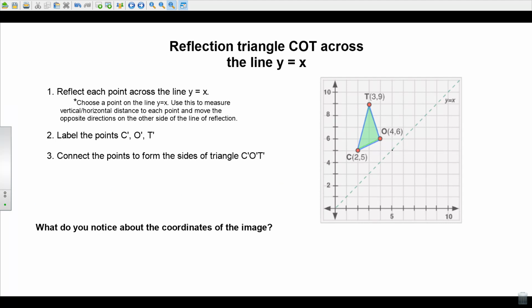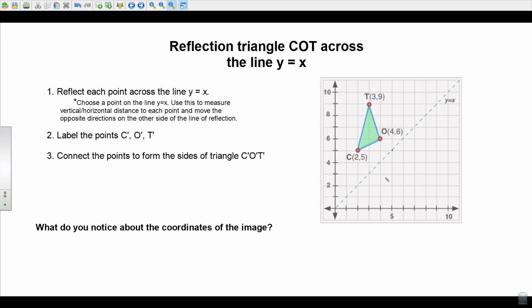So I'm going to start with C here. C is just 3 units to the left of this. Okay, so 3 units to the left. When I reflect it, it's actually going to go 3 units down.